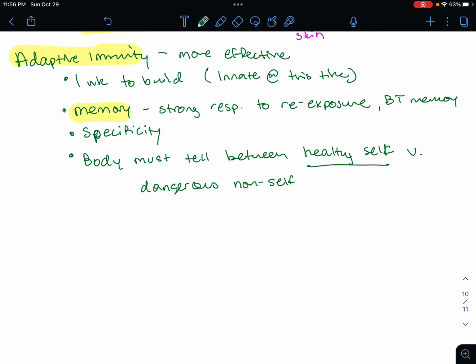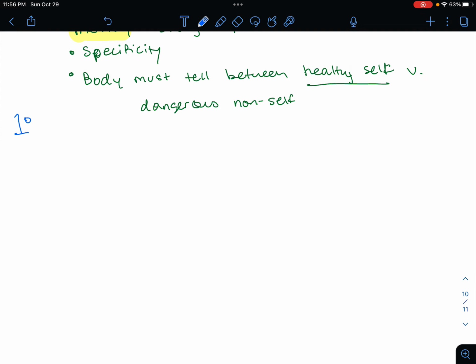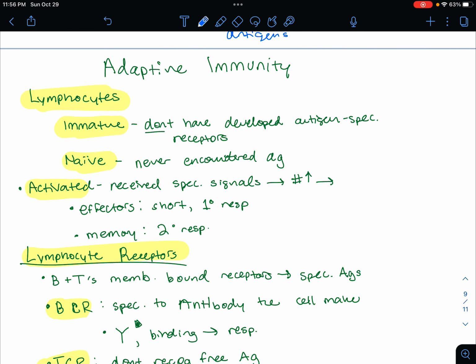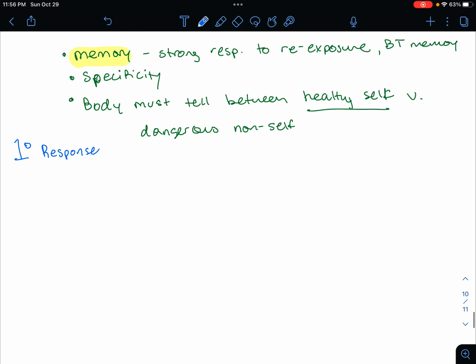Primary response will be our first stop here. Remember, we were talking about the primary response up here as well. The effectors are going to be lymphocytes in the primary response. They're short term, and they're just going to be like the first wave towards antigen first.